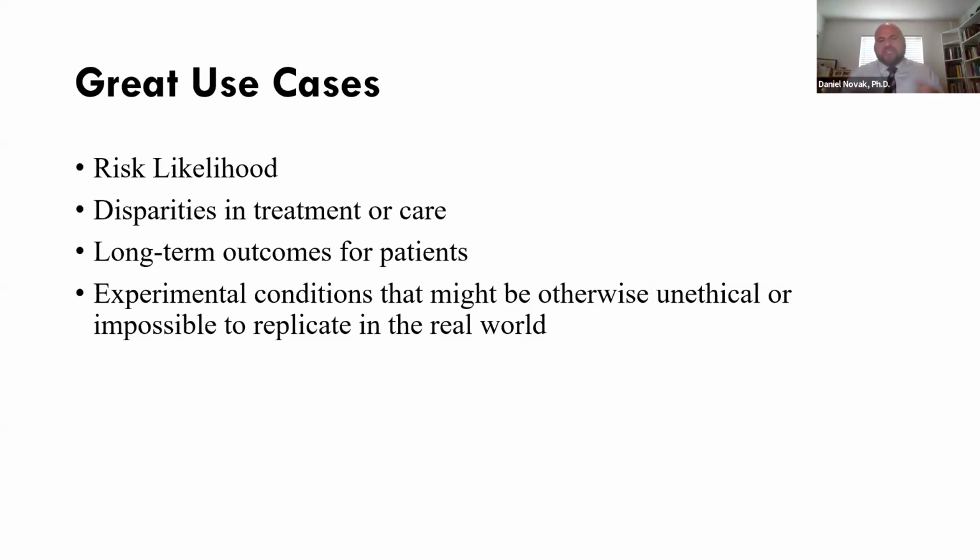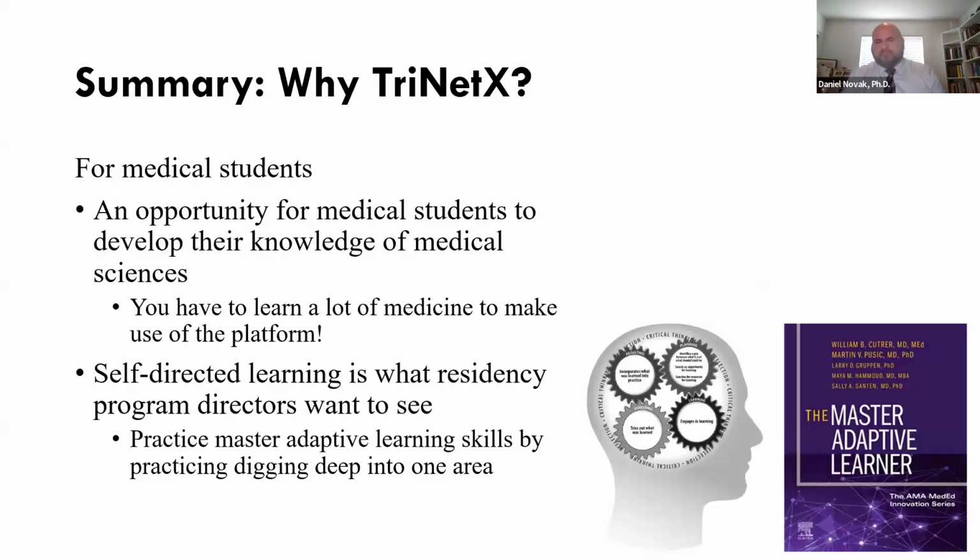If you look at meta-analyses of randomized controlled trials, often long-term conditions are very difficult to assess with any certainty. Finally, experimental conditions that might be otherwise unethical or impossible to replicate in the real world. I think we have an example tonight where that's going to be interesting to contemplate the ethical implications of that.